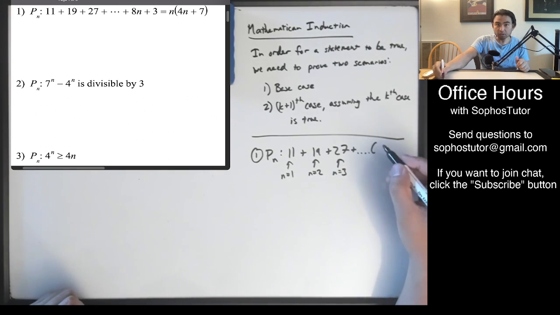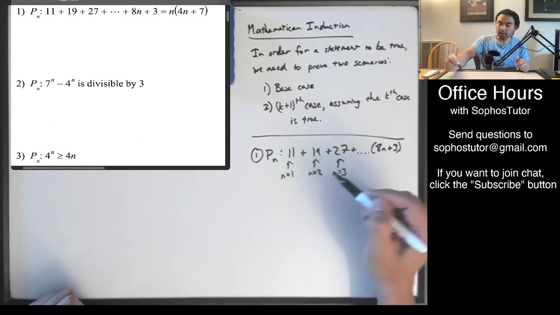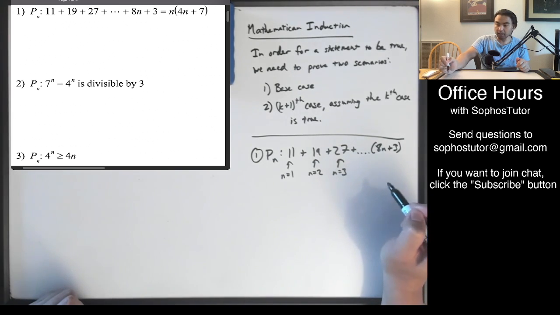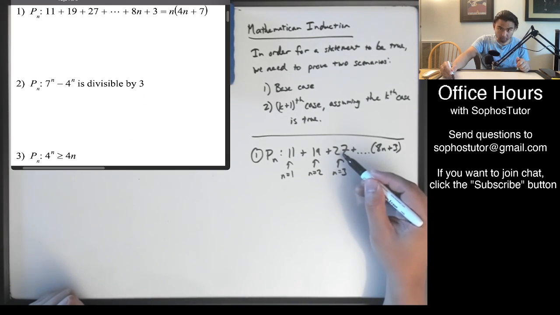And so every term is basically 8n plus 3. That is, if I want to have an n term, I need to plug in the value of the n into this term, and that will give me the value of the term. So for example, for n equals 3, 8 times 3 is equal to 24, plus 3 is 27. That's why the third term is equal to 27.